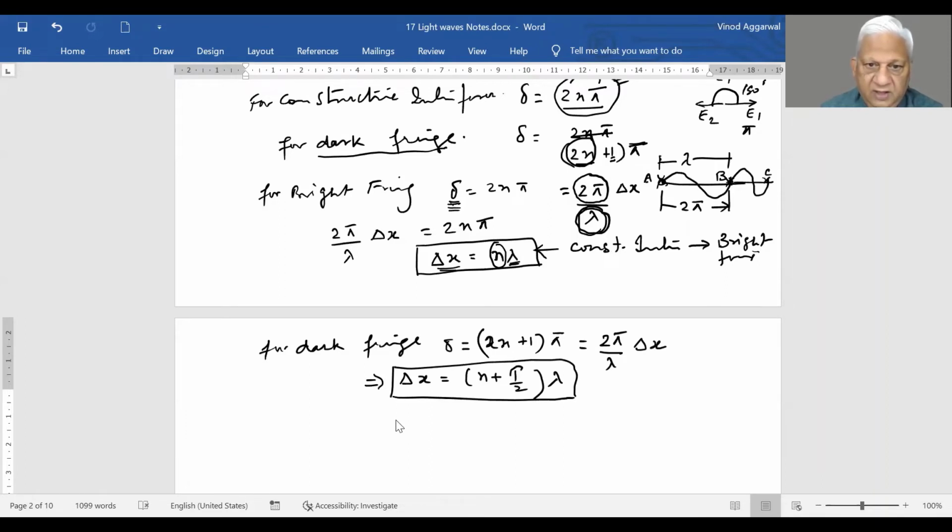This phase difference of half lambda will cause two waves to be opposite to each other, resulting in destructive interference, or it will result in a dark fringe.